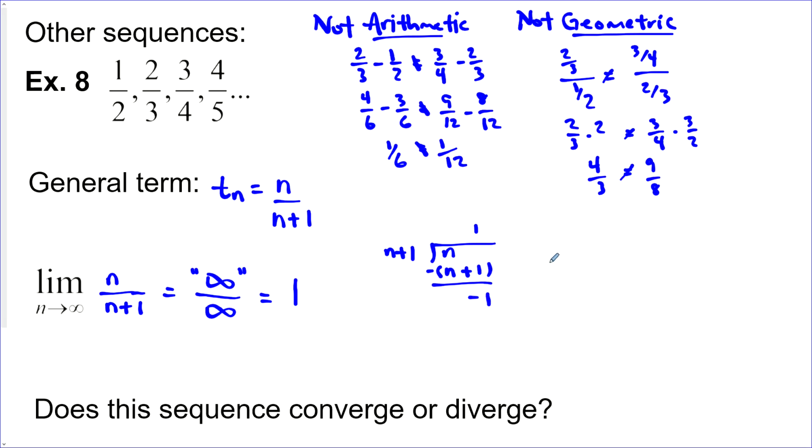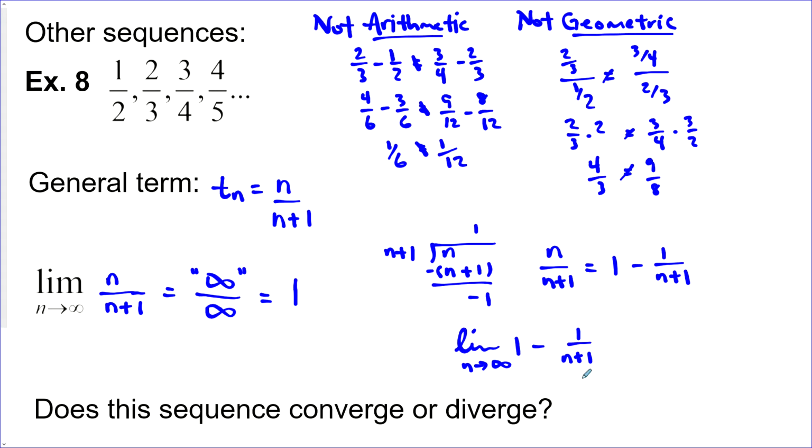So we can rewrite n over n plus 1 as 1, the one that divided off evenly, and then our remainder is minus 1 over n plus 1. And then when we write the limit as n approaches infinity of all of this, 1 minus 1 over n plus 1, see that this is unaffected by n, so that will remain 1.